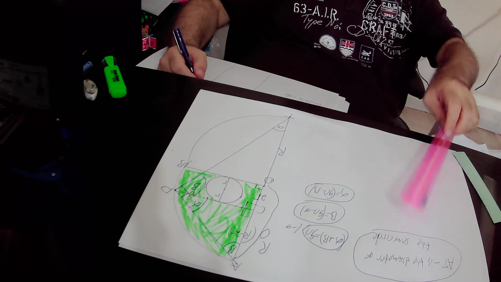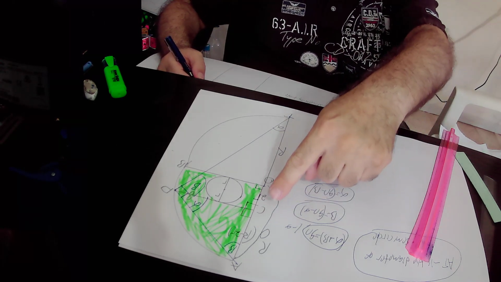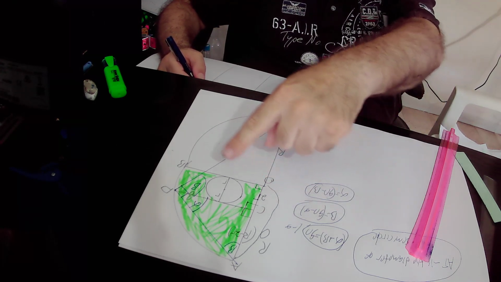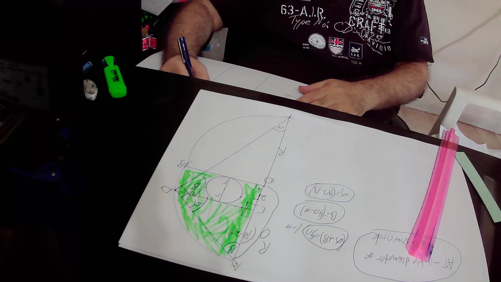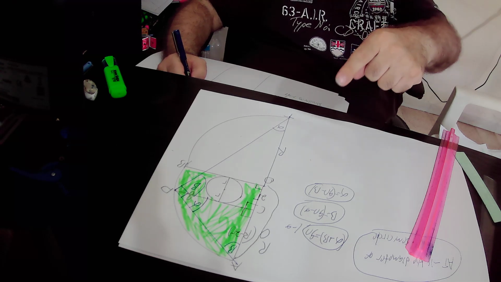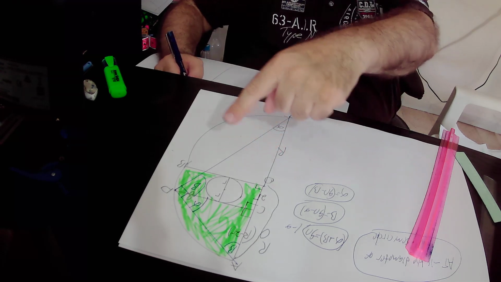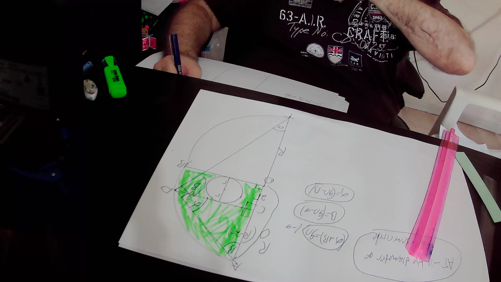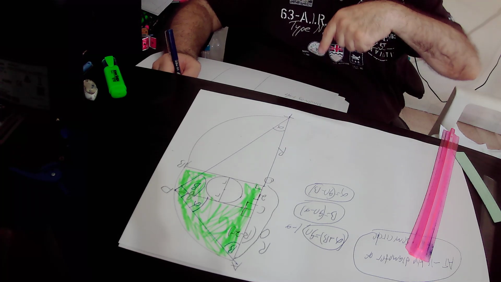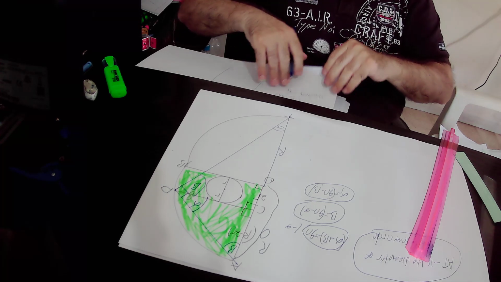We derive that AC over CD equals CD over CT. Repeat again.